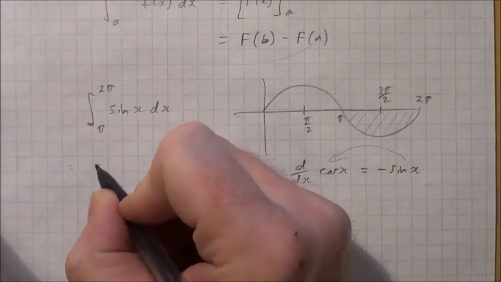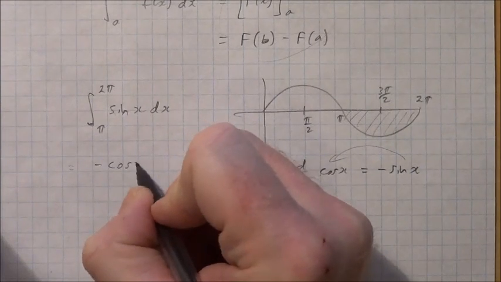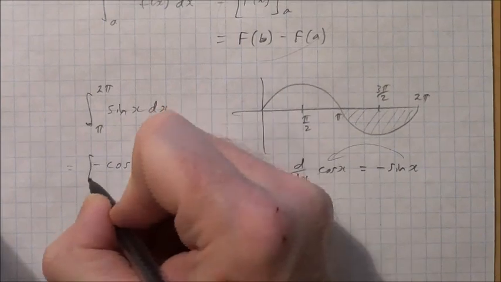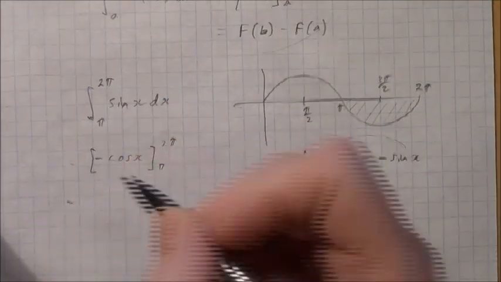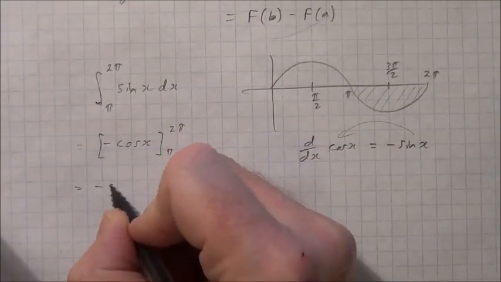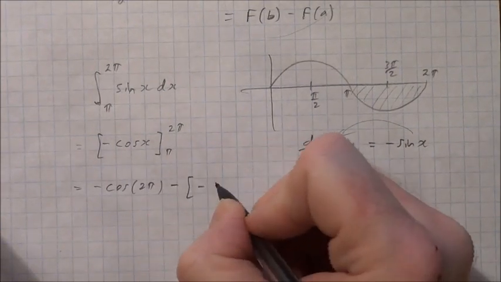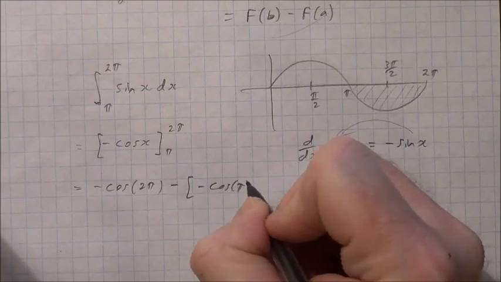So this is going to give us negative cosine x evaluated from pi to 2 pi. And when we do that, we get negative cosine of 2 pi minus negative cosine of pi.